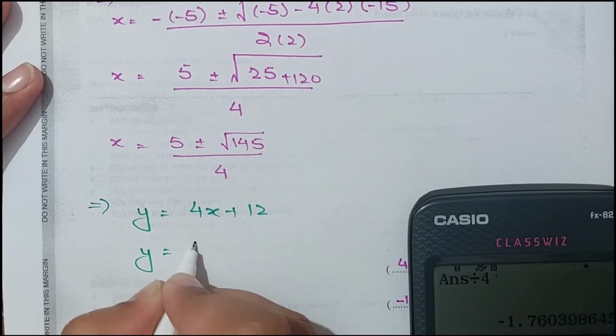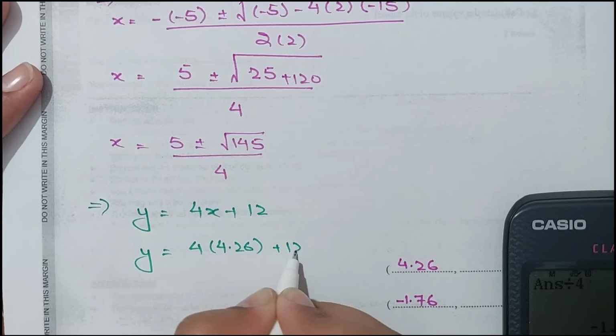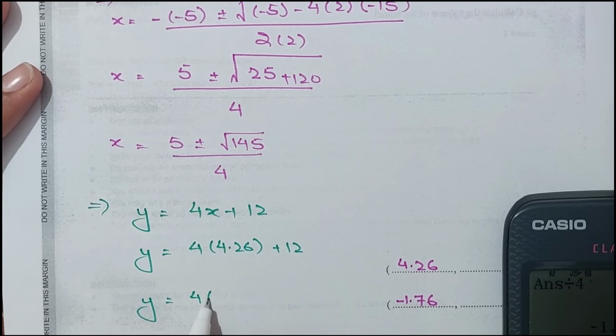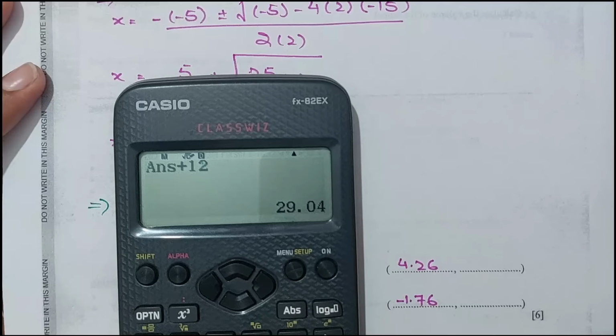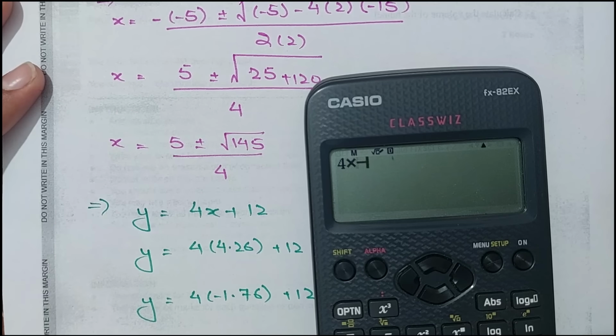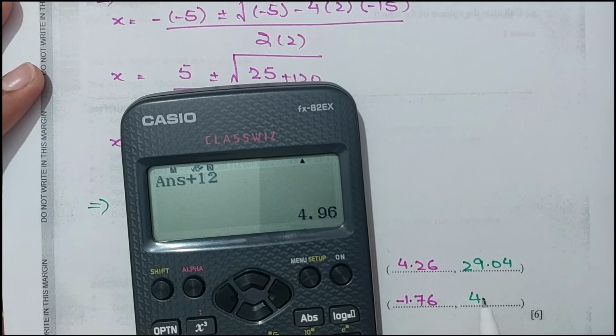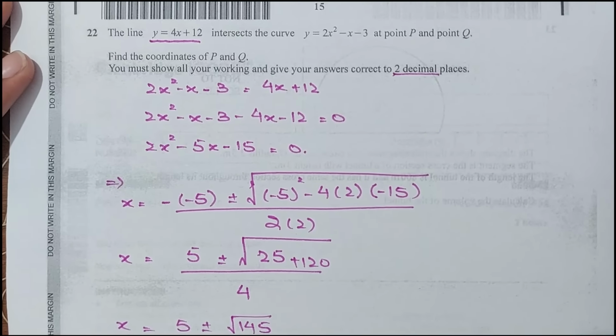So y equals 4 times 4.26 plus 12, and y equals 4 times minus 1.76 plus 12. That gives 29.04, and 4.96. These are the points of intersection of the line and the curve, the coordinates of the points P and Q.